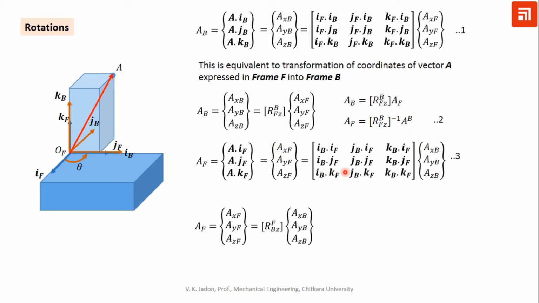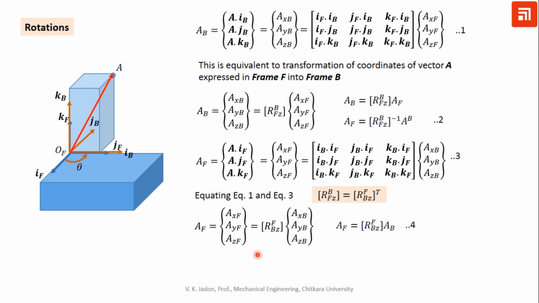So if we see the two equations, equation number 1 and 2, we realize that this matrix and this matrix both are transposed to each other. So we can write down that this matrix RFB is equal to RBF transpose. That is what we have written here. It means these are orthogonal to each other.